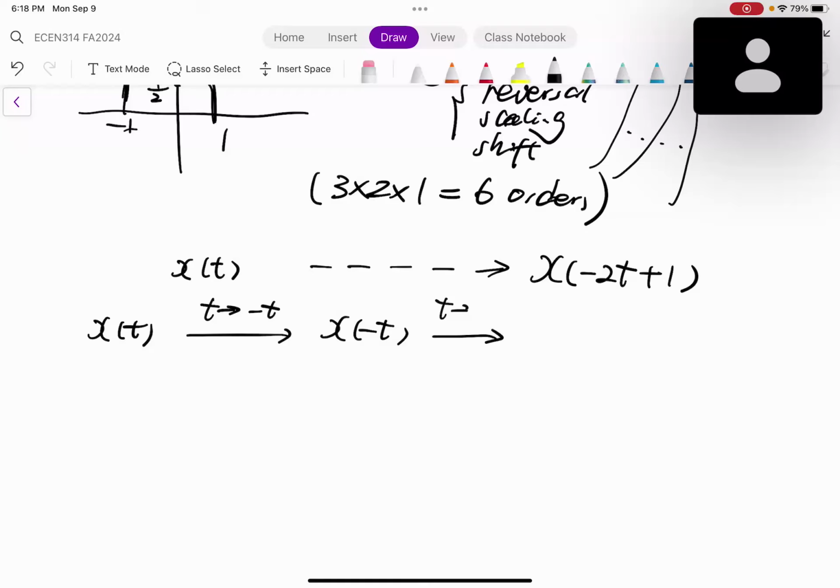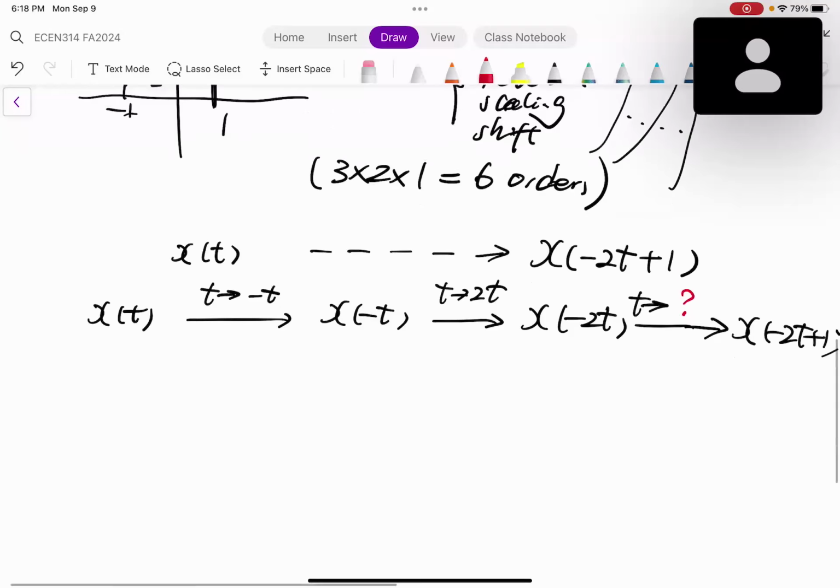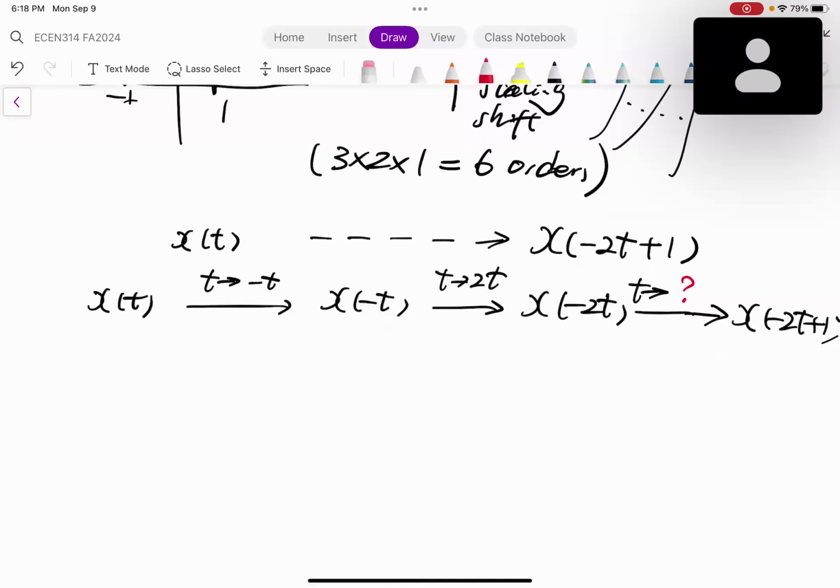I will change this new t to 2t. So that's x of minus 2t. And eventually, I will get x of minus 2t plus 1. But how should I do the time shift here? That's a common mistake, right? So let's do that later.